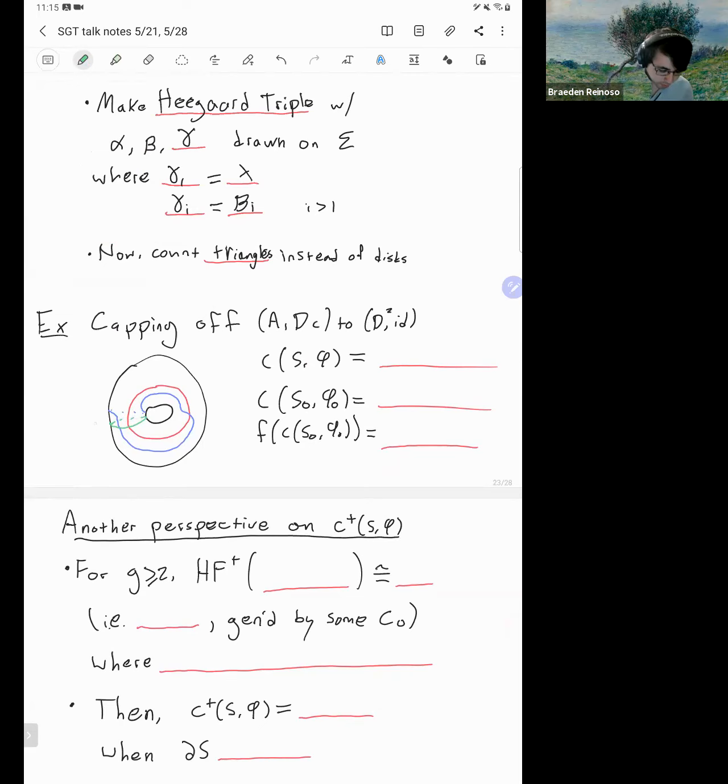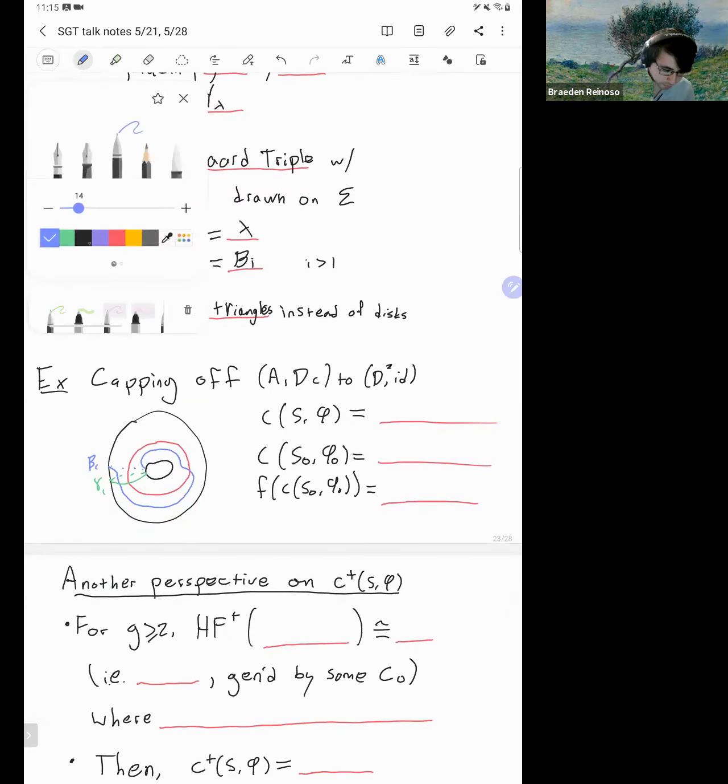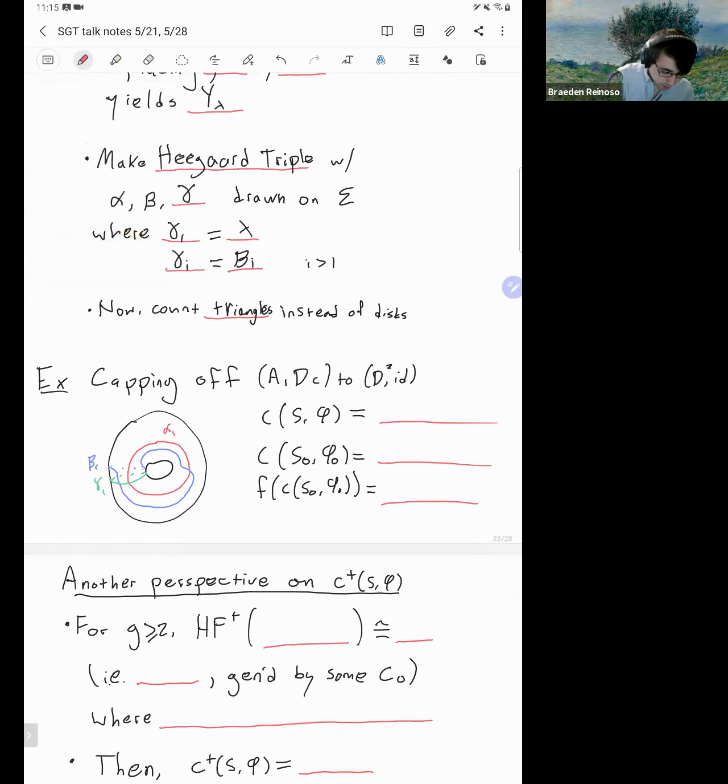Well, we only have one curve for each, so there's our gamma 1. Our beta 1 was the blue curve that we started with, and our alpha 1 is, again, the alpha curve that we started with. So now in our map, what are we doing? Let's see where the contact class is of each of the original open book and the capped off open book and see where things go.